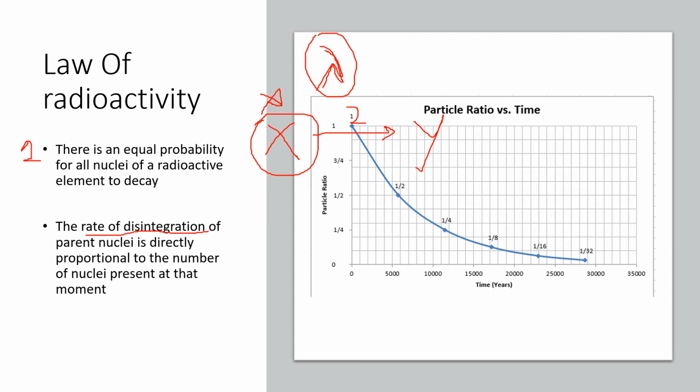So it's directly proportional to the number of parent nuclei present in the system at the moment. If we have larger number of parent nuclei, then we will get larger number of daughter nuclei. And if we have lower number of parent nuclei, then we will get lower number of daughter nuclei. It's that simple. Okay. So now we will be deriving the dating equation.